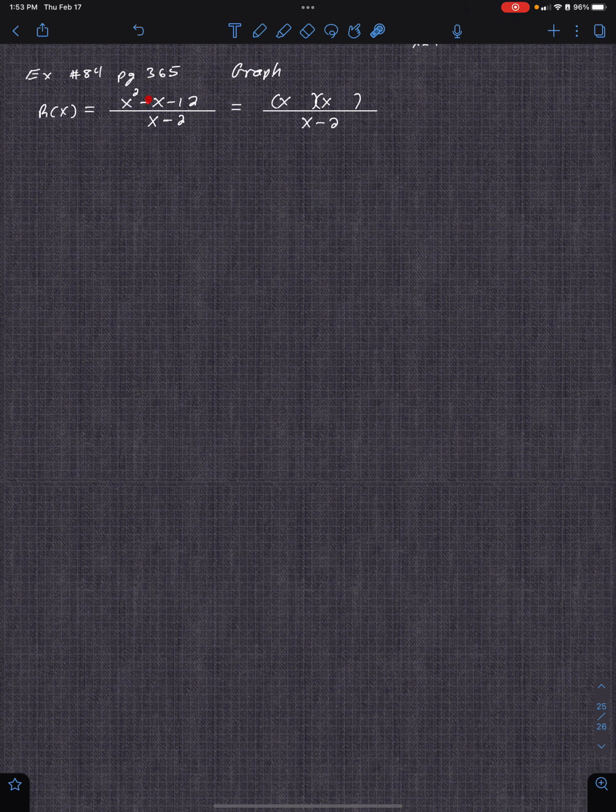And this is negative, so it has to be a plus 3, so plus 3 minus 4. Or, of course, you can reverse this order because of the commutative property of multiplication. So you want to mentally double check this. This outside product's -12, and the inside, of course, adds up to be -1.